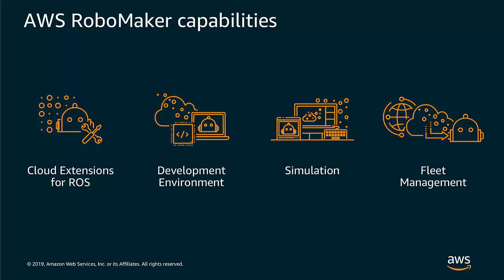We created developer tools and first-class integration into the Cloud9 IDE to allow developers to get started right away if they don't already have a development environment set up. We created a simulation service, an entirely serverless service with pay-as-you-go pricing for running your simulation for multiple different use cases. And we have a fleet management service for over-the-air deployment directly to your physical robot.